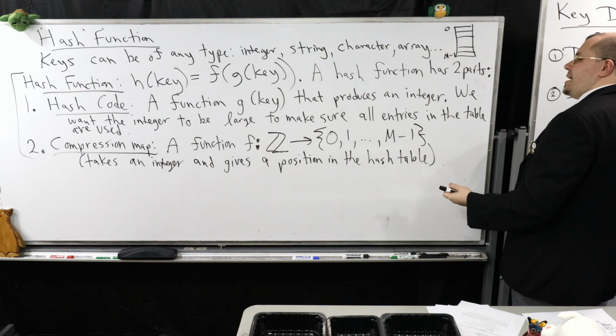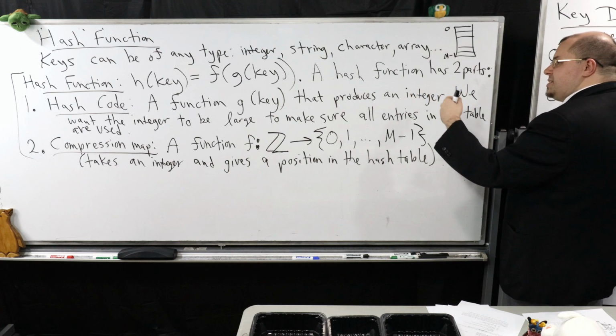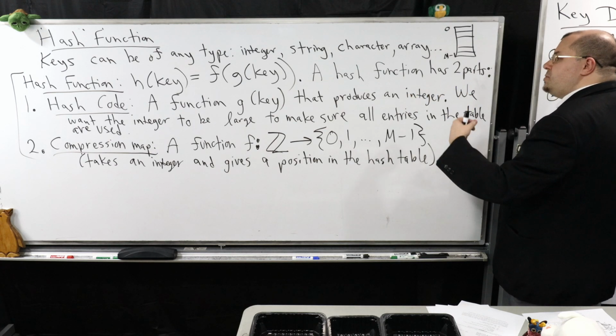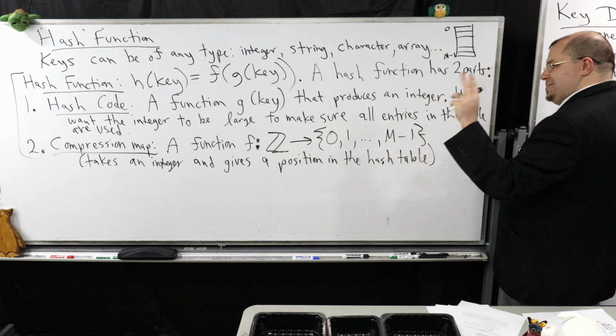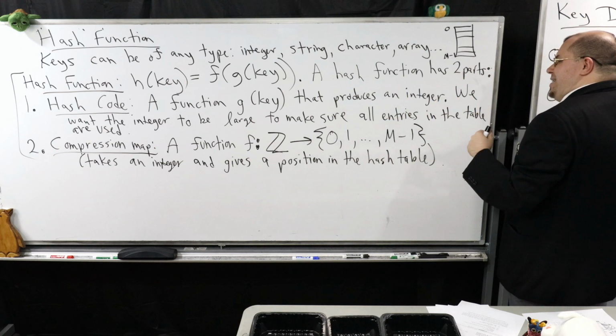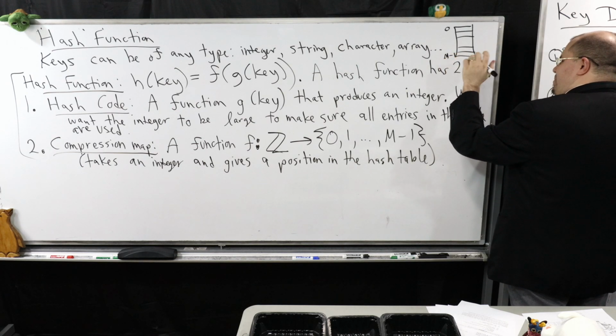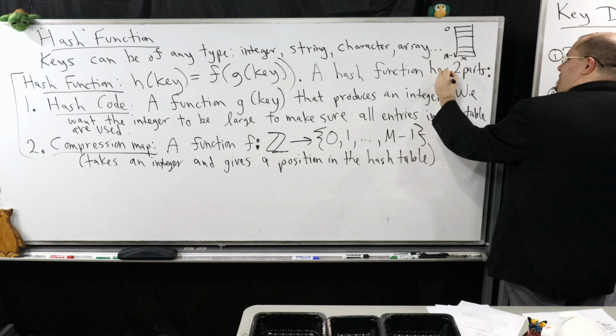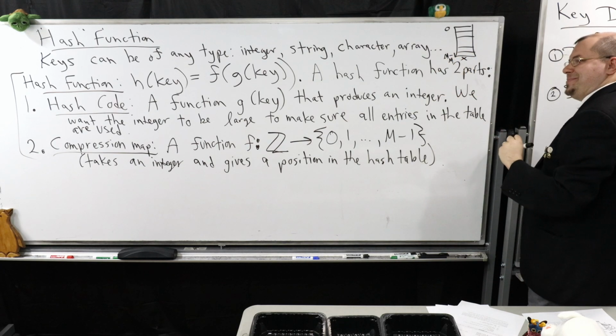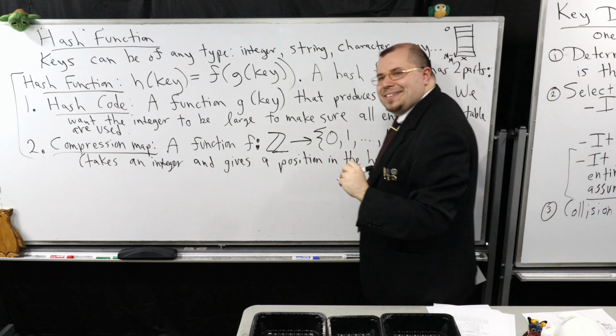So suppose I use the hash code and this function g, and it hashes a value, and the value is sitting just outside the array. Suppose it's at the imaginary position m, which doesn't exist in the array.